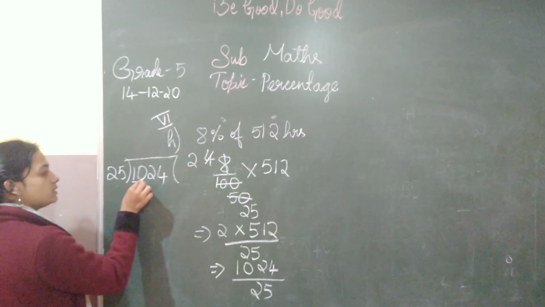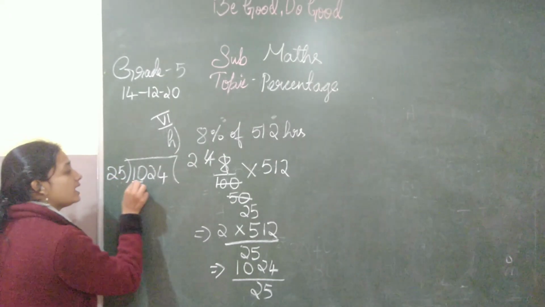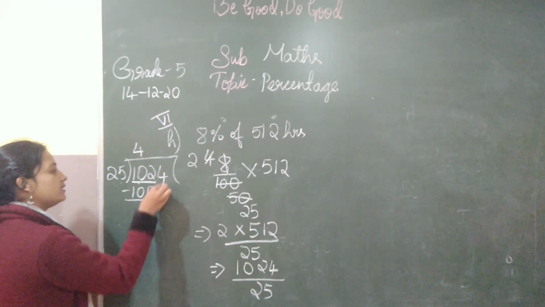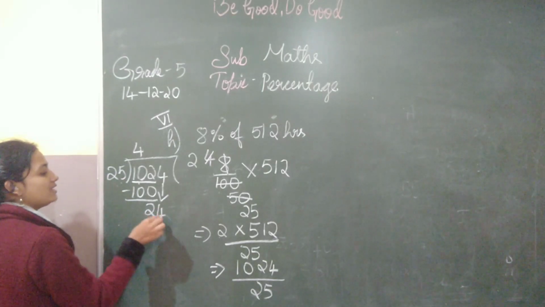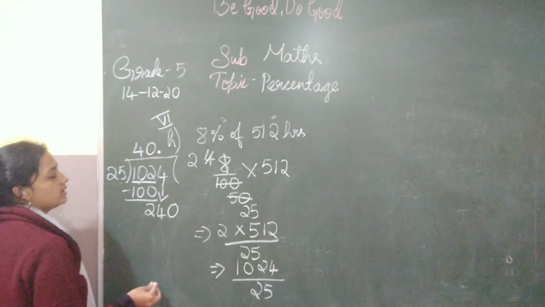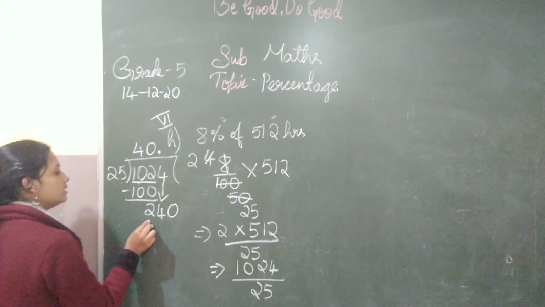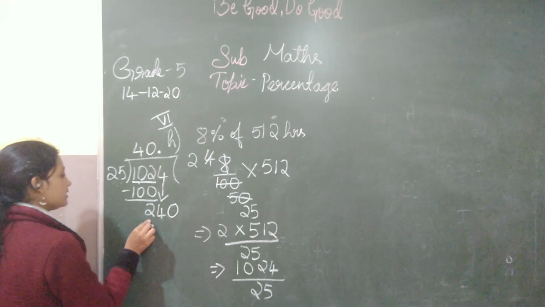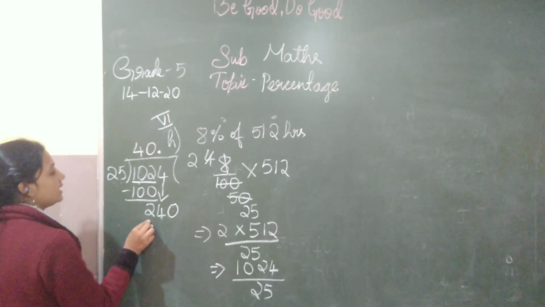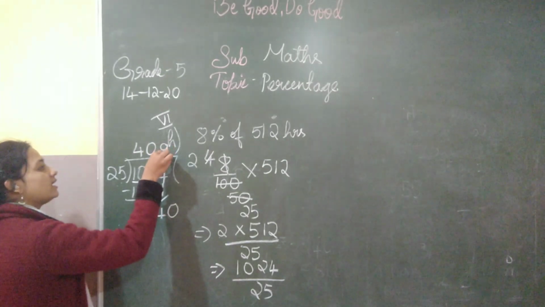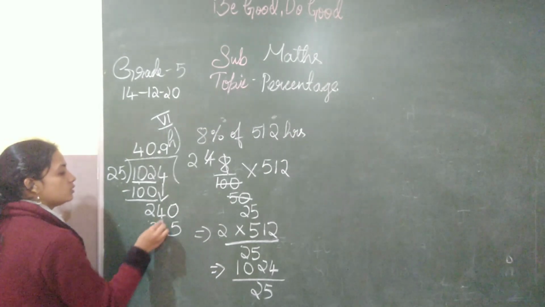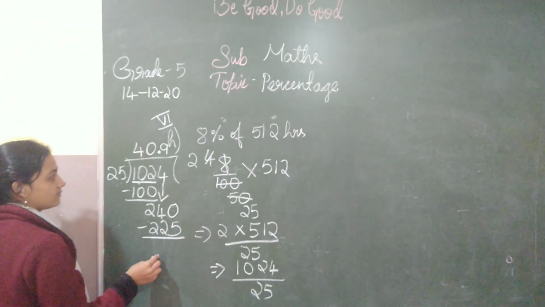You can't take these two numbers because 10 is very small, so I have to take these three numbers. 4 25s are 100, remainder 2 and 4. So 24 is less than 25, so add a 0 and keep a decimal and add a 0 here. So again you get 200, 9 25s are 225.